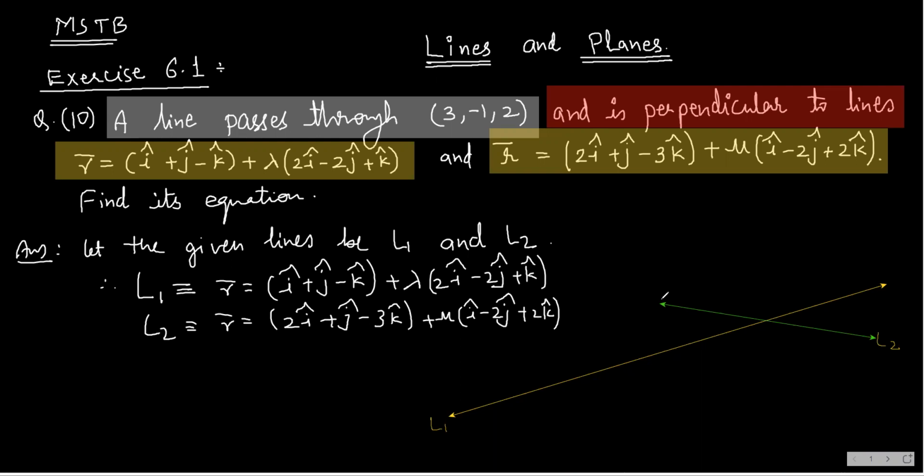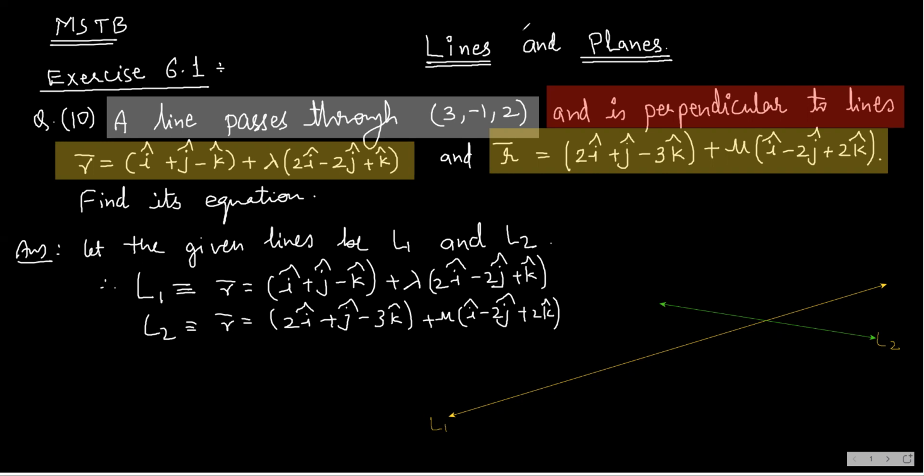So I'm given these two lines, and what does the question say? The question says that the required line is perpendicular to L1 and L2.